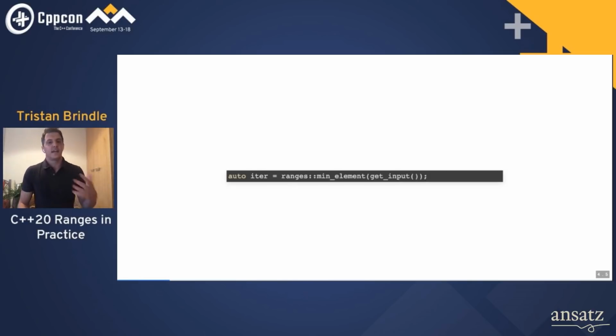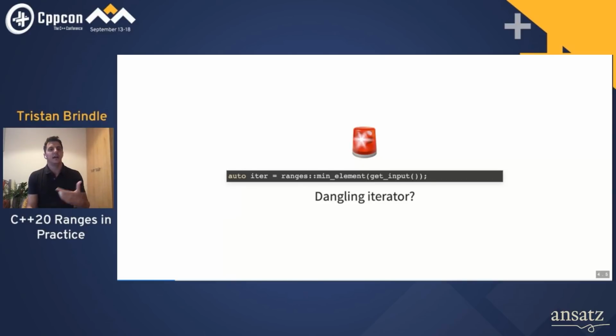And when this comes up in code review, well, it should start setting off alarm bells, because we have a potential problem here. We have a potential dangling iterator, or at least we do on the face of it. So get_input is going to return an rvalue vector, a temporary std::vector, and that vector is going to be passed to min_element. min_element is going to do its thing.